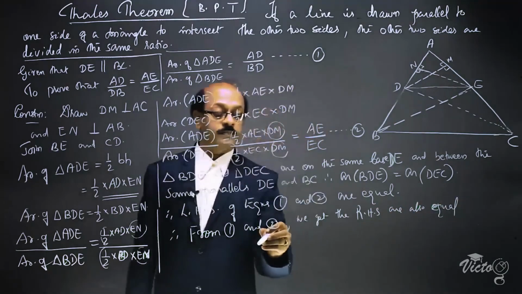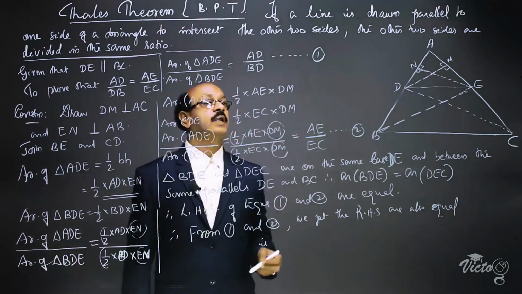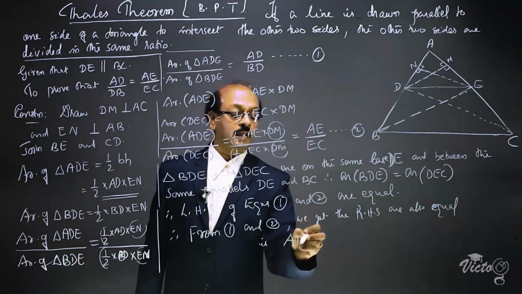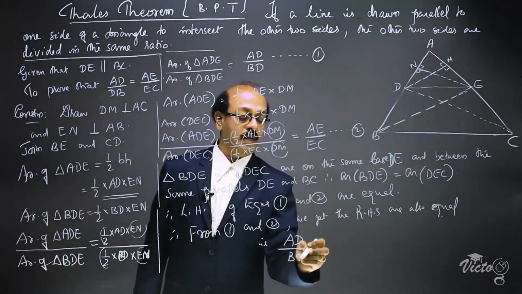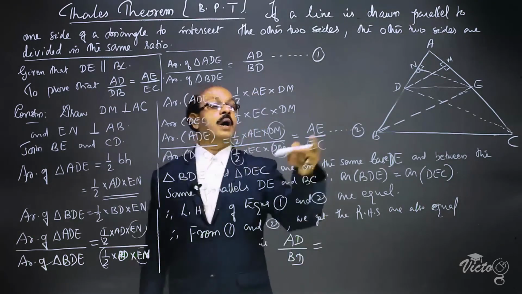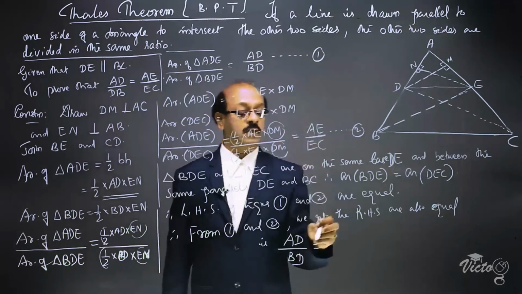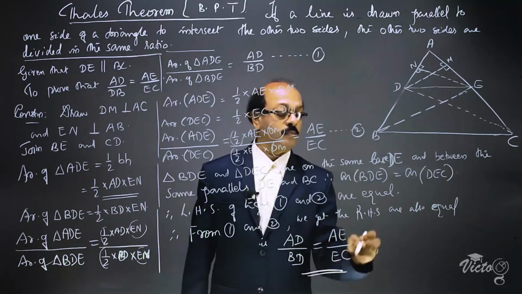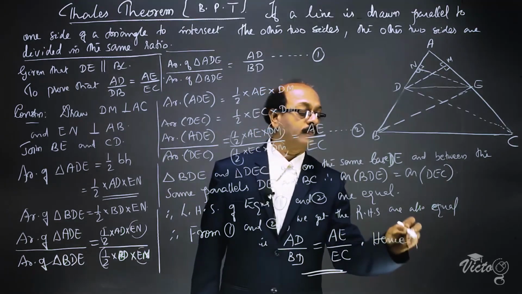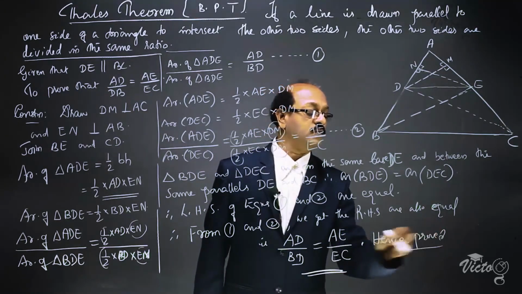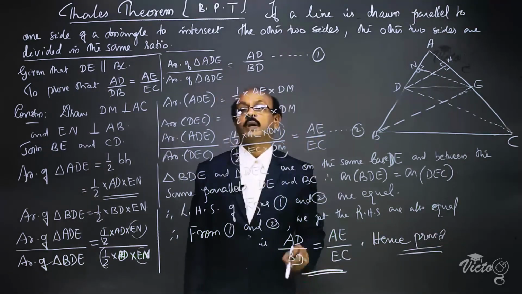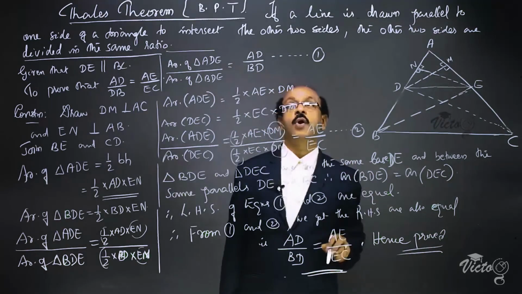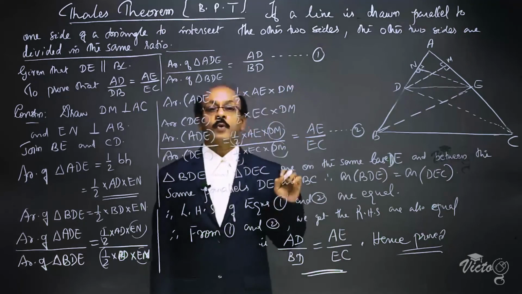That is, the RHS of equation number 1 is AD by BD, which is equal to the RHS of equation number 2, AE by EC. This was the thing which we had to prove: AD by DB is equal to AE by EC. This is the proof of Thales theorem, or basic proportionality theorem.